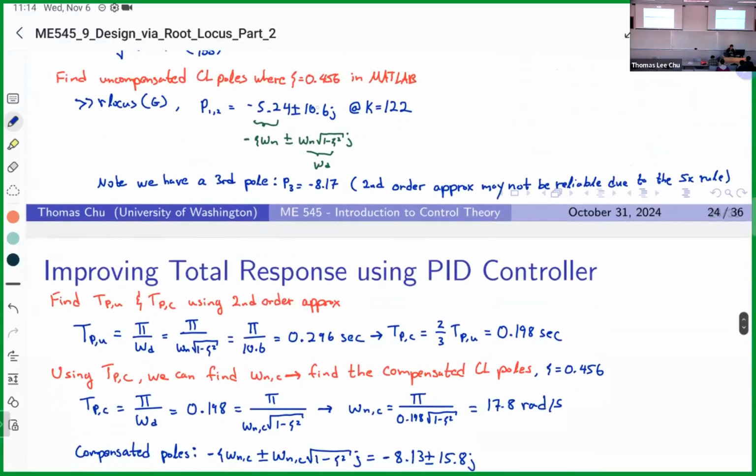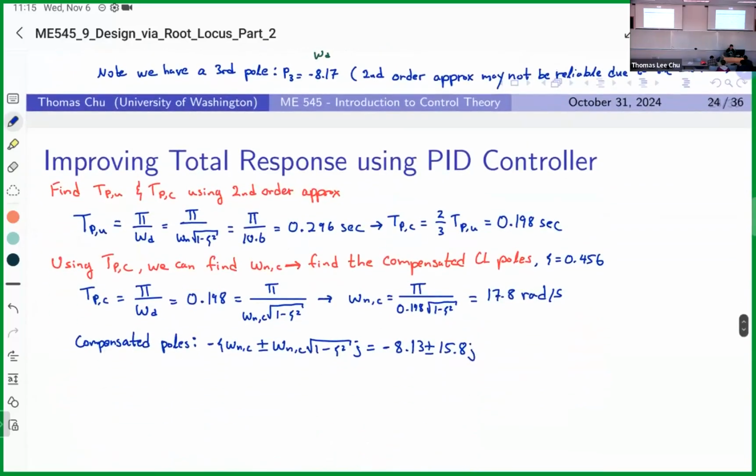If you look here, my real component is roughly minus 5 and my imaginary component is 10. So I have a run of minus 5 with a rise of 10, which is roughly a 1/2 ratio. Here we're roughly maintaining that ratio, where we have a rise of almost 16 with a run of minus 8. So in my head, I'm like, okay, we're good, because our damping ratio gives us this ratio of rise over run, and that's roughly the same.